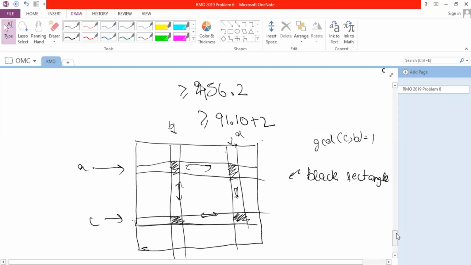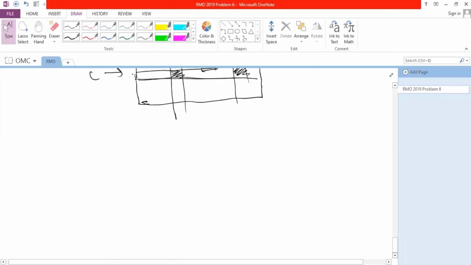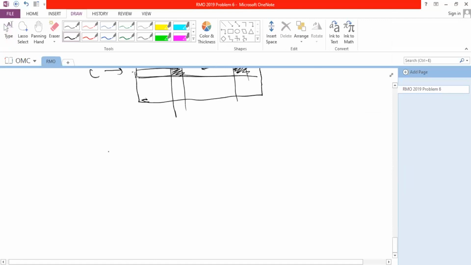So in a 91 by 91 grid with at least 91 times 10 plus 2 black cells, we want a black rectangle. So let us try to find this. This time also we count something.